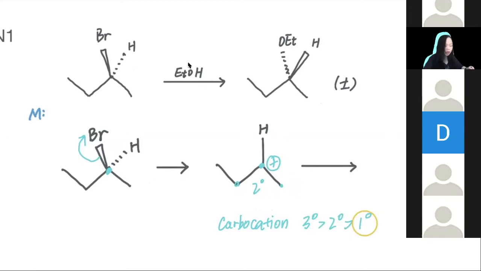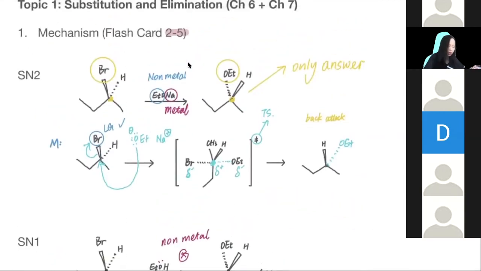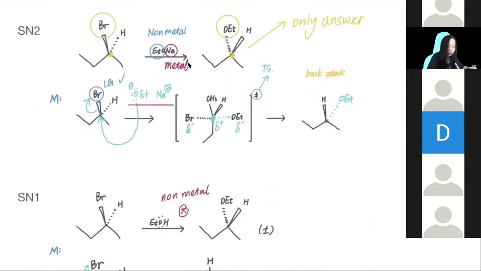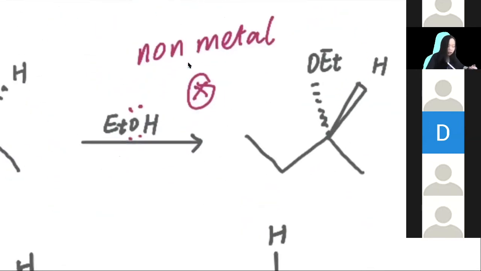What else is going to happen? Since I have a nucleophile, a quick reminder: because ETOH is non-metal, you cannot write it in the way we did before. Here, EtONa, you can write in this format. Now, EtOH, you cannot.